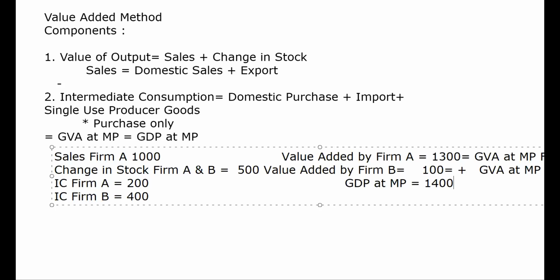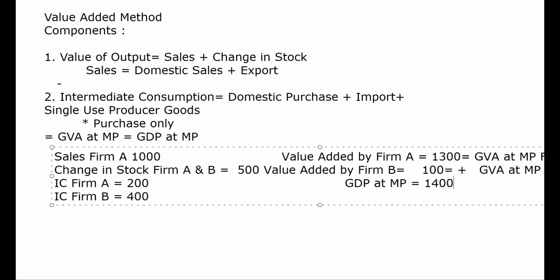Suppose in place of firms, they have given you value added of the primary sector, secondary sector, tertiary sector. All these are the three sectors of the economy. Then you will calculate value added by primary sector, then secondary sector, then tertiary sector, and add all these three values, then you will get the GDP at MP.